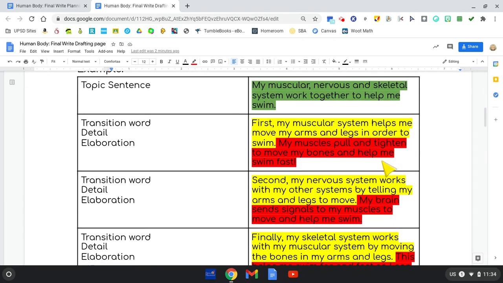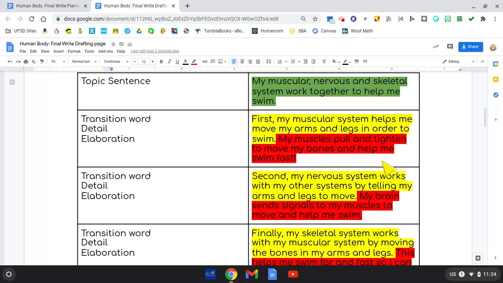Now, I've gone ahead and added color to it that matches our slideshow, just so you can see how it's organized. It also helps me as a writer make sure that I'm not forgetting something. So I know I've got my topic sentence, and I see here that I have my transition words, my details, and then my examples and my elaboration. You can read through this one with me.